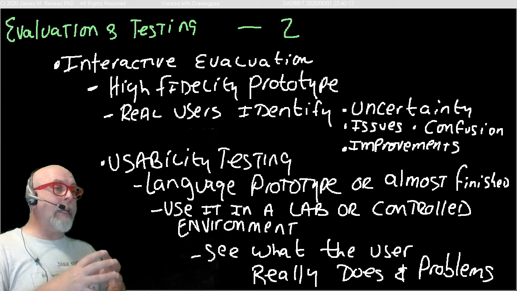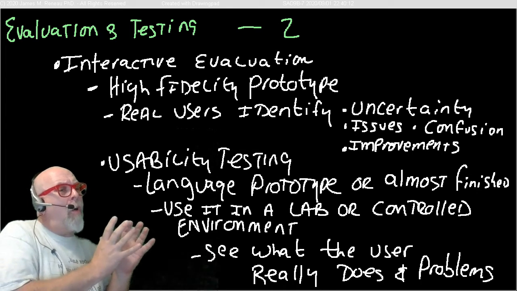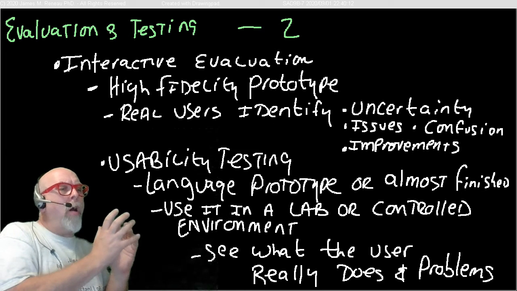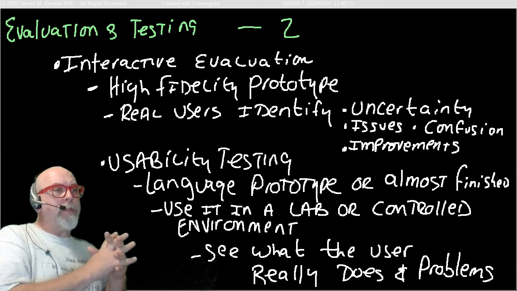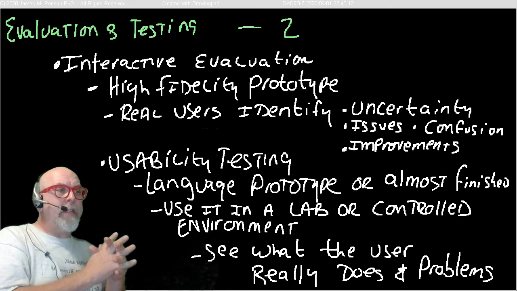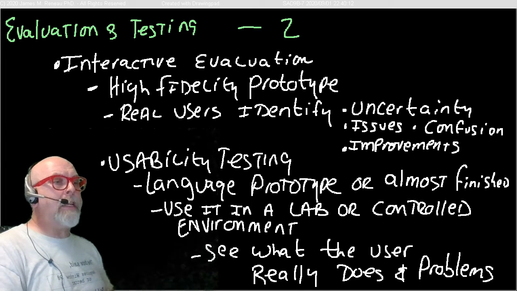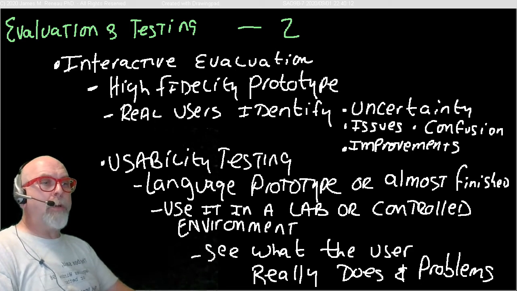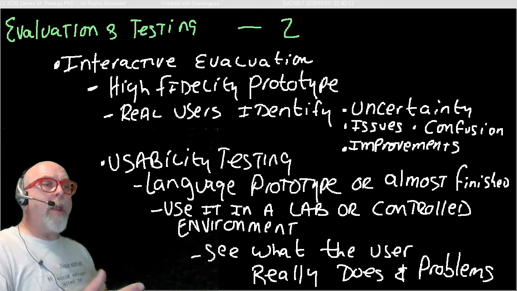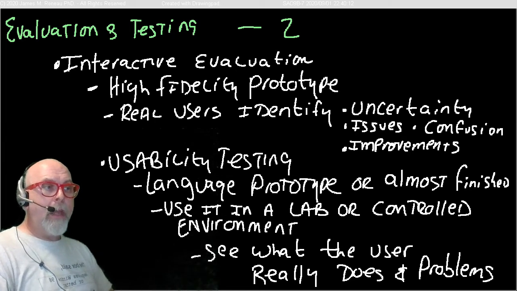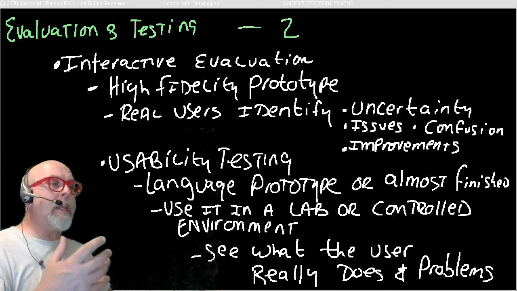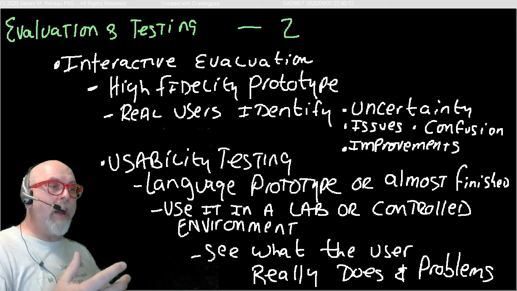And then lastly, as we're almost finished, as we're almost done, there's a process of evaluation and testing that we call usability testing. Usability testing is where we've got a good language prototype, or we've got an almost finished system, and we want to use it in a laboratory or controlled environment.